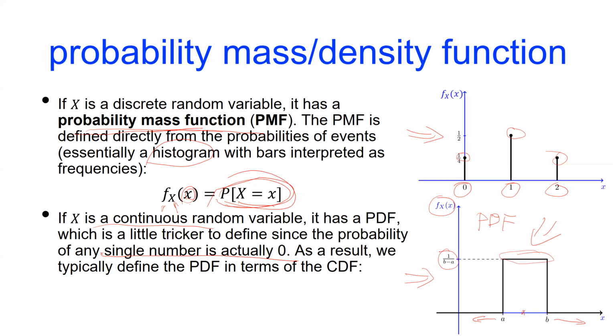So then if I ask you what is the CDF here, what is the cumulative distribution for this one? It should be very easy. Give yourself maybe 10 seconds to think about what the CDF is here. Yes. Is it X minus A over B minus A?